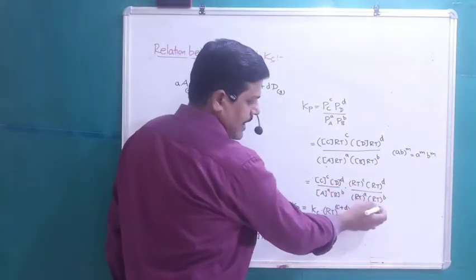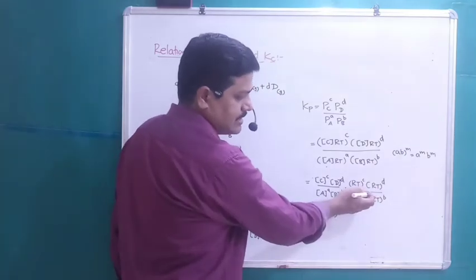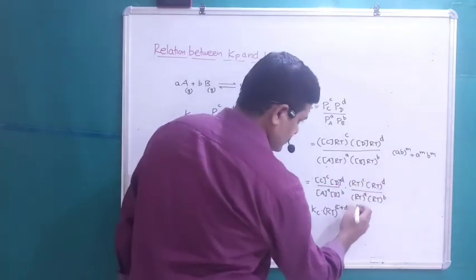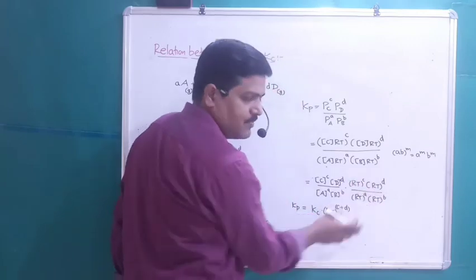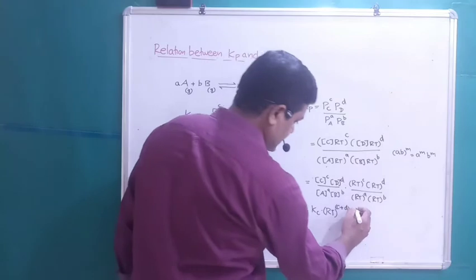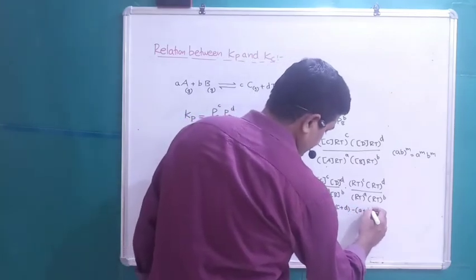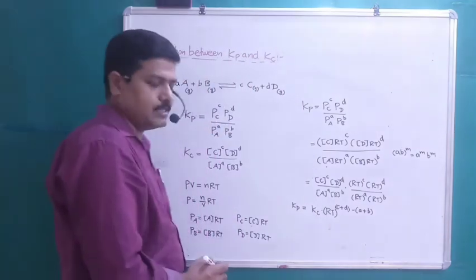These terms in the denominator, when they come to the numerator, become minus A minus B. So on simplification we can write it as Kc into (RT) power C plus D minus (A plus B).